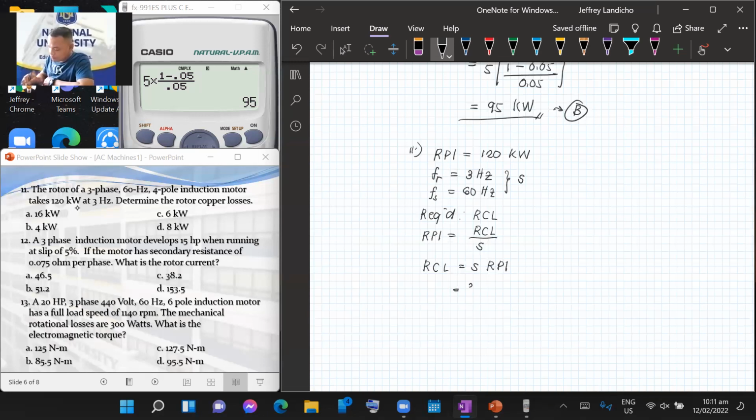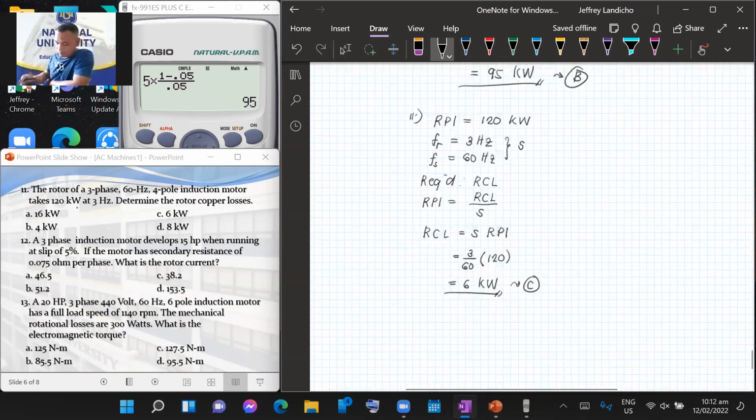The ratio of rotor frequency and stator frequency, alam natin that is automatically percent slip. So multiply mo na lang by RPI, which is 120. So ilan ito? We have only 6 kilowatts. Yun ay sagot. Anong letter? That's time. Ako ba? Any question regarding problem number 11?